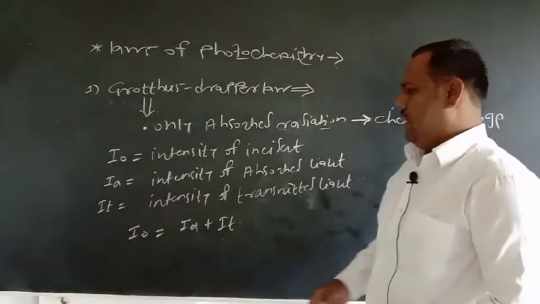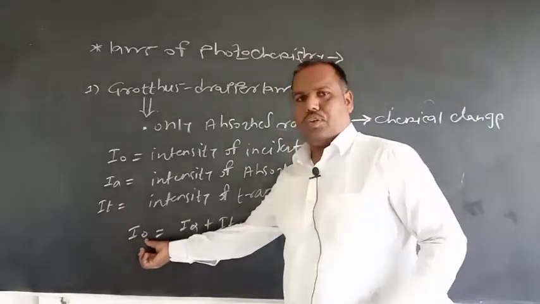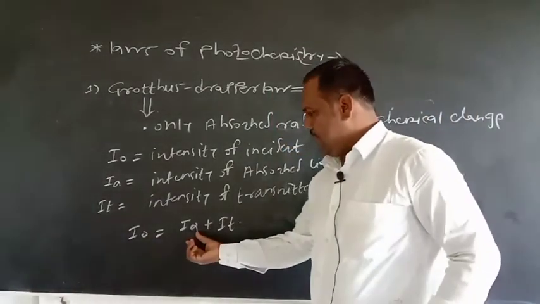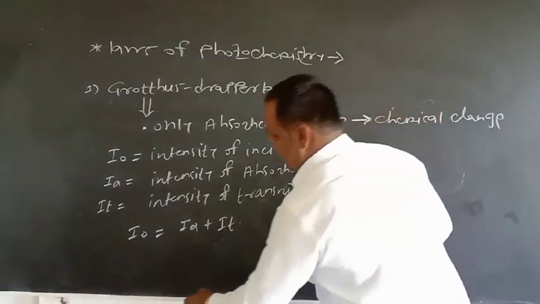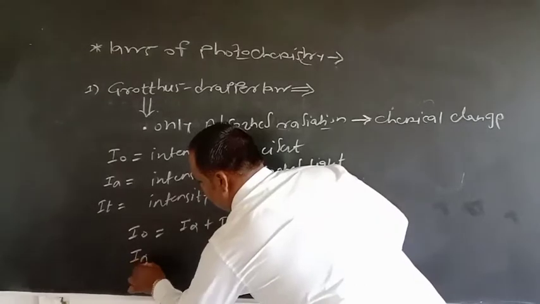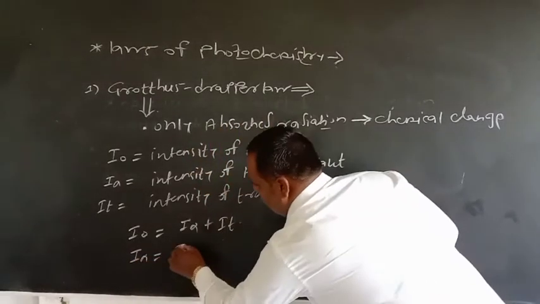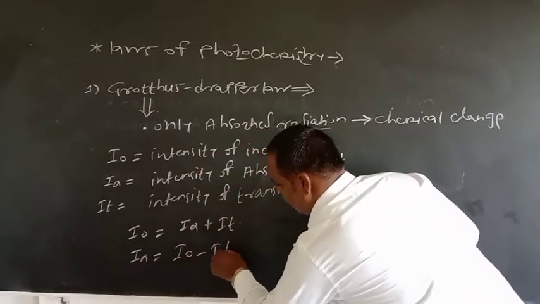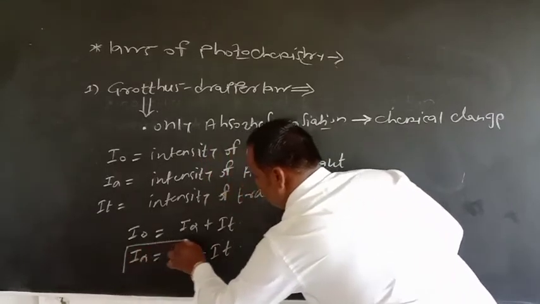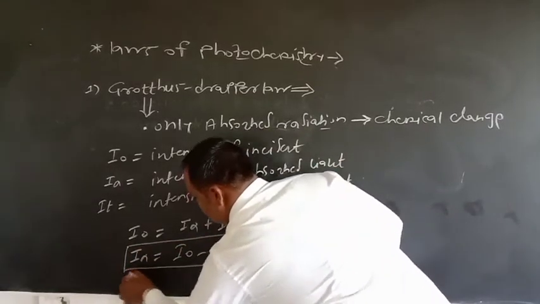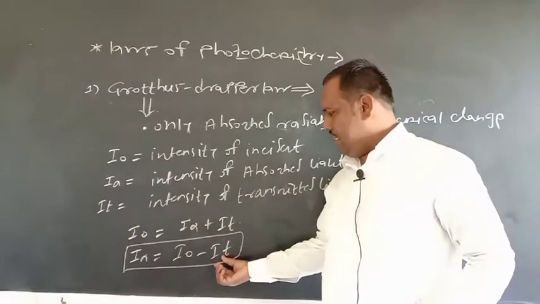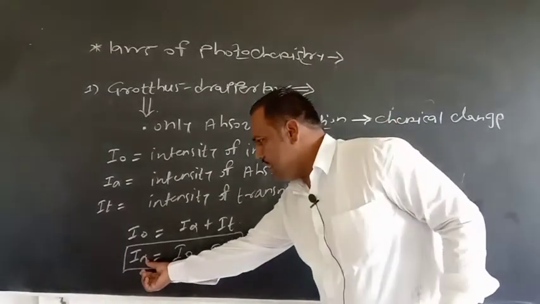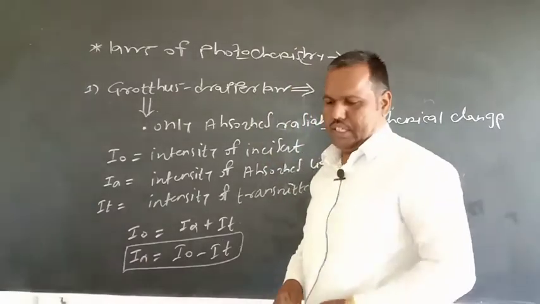That is, the radiation which strikes a particular system is equal to the absorbed radiation plus the transmitted radiation. From this equation we can write the intensity of absorbed radiation as I0 minus IT. So with the help of this equation, if you know the intensity of incident radiation and the intensity of transmitted radiation, then we can find out the intensity of absorbed radiation.